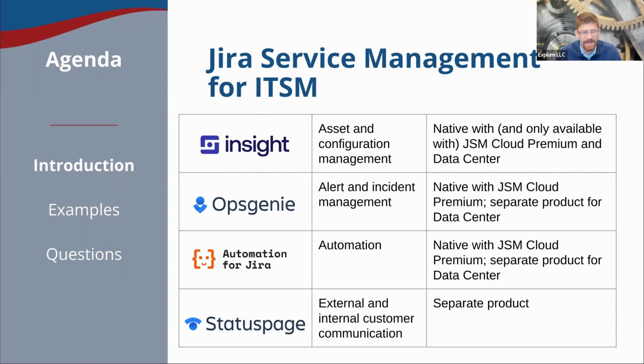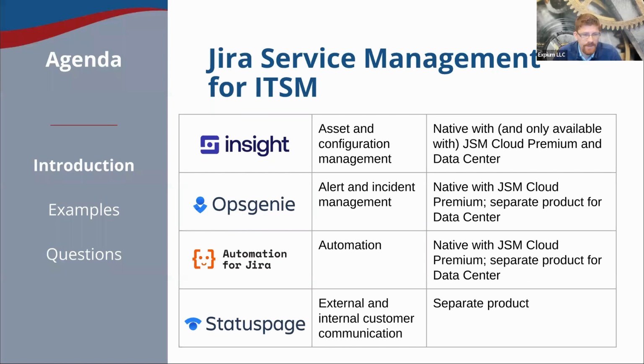It comes natively and is only available with Jira Service Management Premium on cloud and data center for on-prem installations. So we're going to see some of that today, but I just want you to get an idea of all the different products involved in this service management platform. But again, Insight rolls seamlessly into the product. So just know that you have to be on that tier in order to get those features.